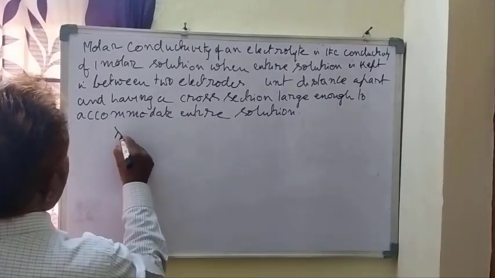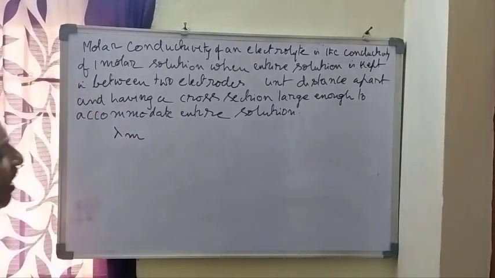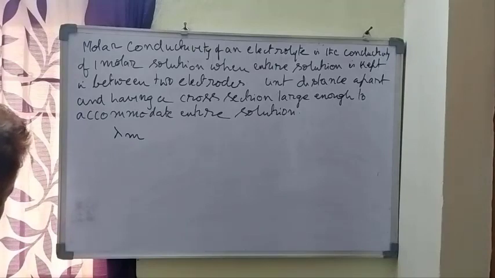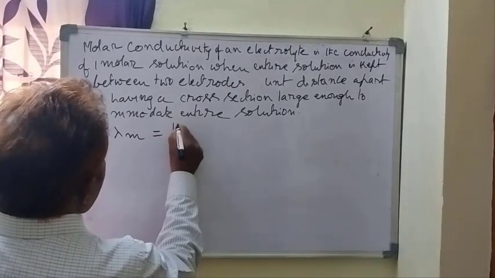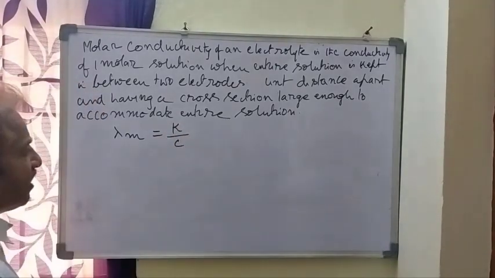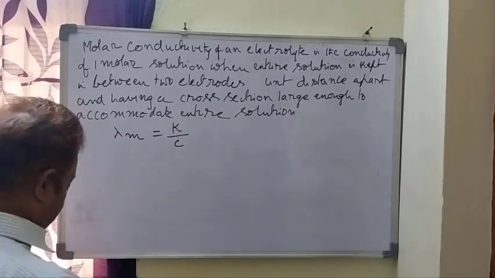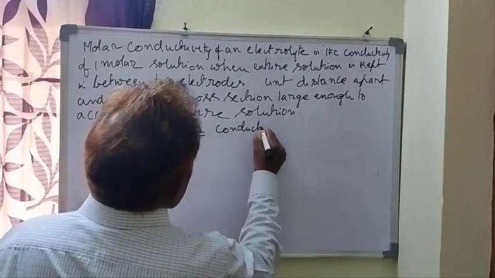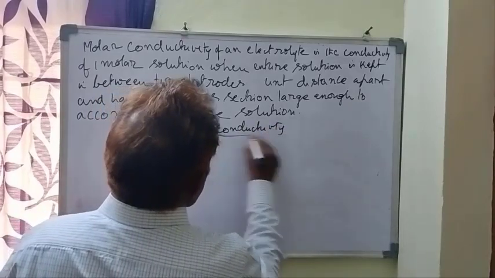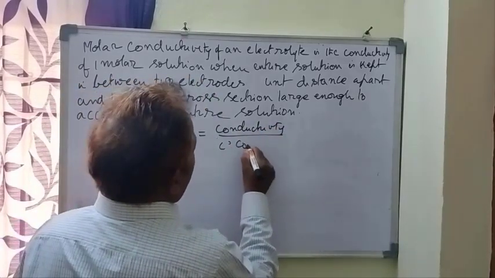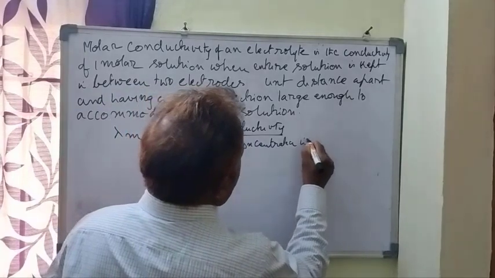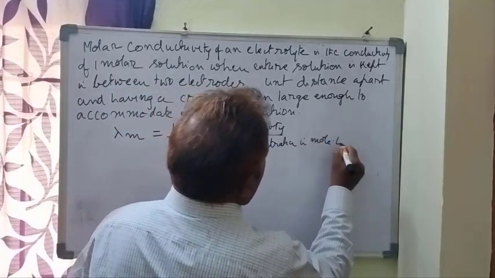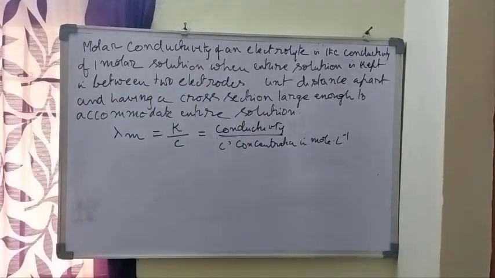Therefore, lambda m is molar conductivity. So lambda m equals K by C. What is K? K is the conductivity, and C is the concentration in mole per liter.